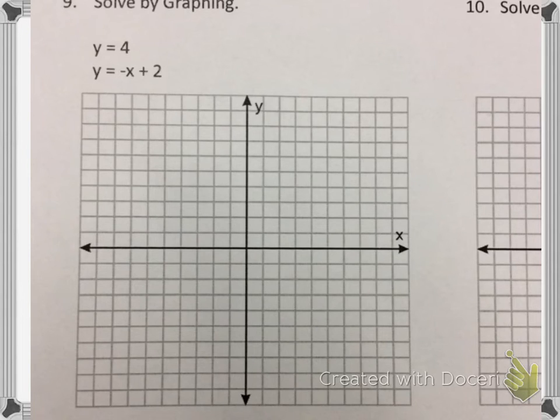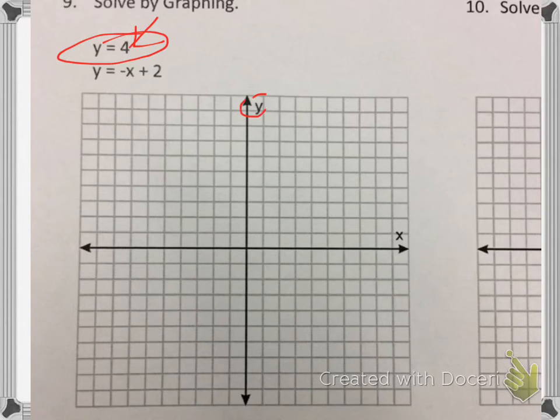Okay, this next one is a graphing one. We're going to graph these two and see if we can find the point of intersection if there is one. So this first one right here, this is a horizontal line. I can tell because there's not an x value in it, which means there's no slope there. So what I'm going to do is go up to y equals 4, so 4 on the y-axis.